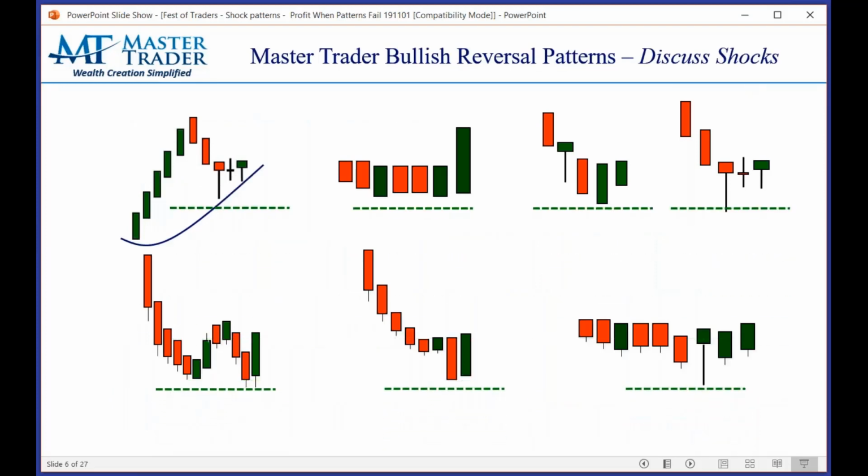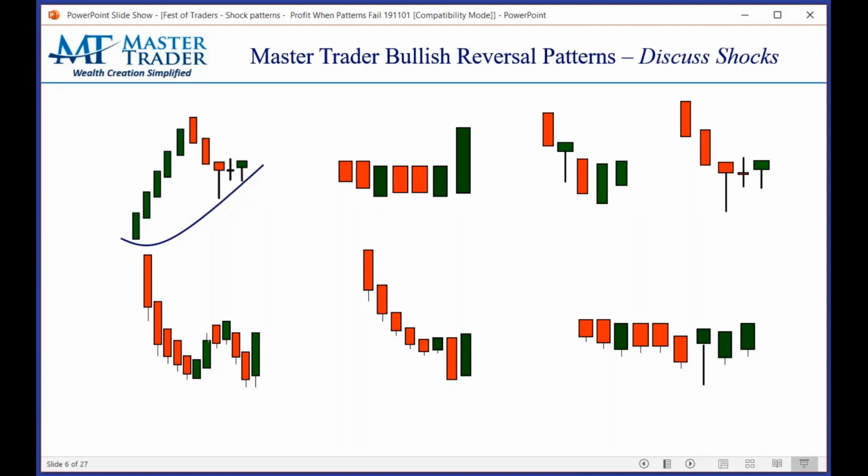Now, every one of these is a different level of shock, but I want to show you two things on this page. One is, let's first talk about the red bars, and then I'm going to show you how we love selling credit spreads on these reversal patterns. Whenever you see a red bar on whatever time frame you're trading, that means that the bears are in control of that bar because it opened at one price and closed below the opening price.